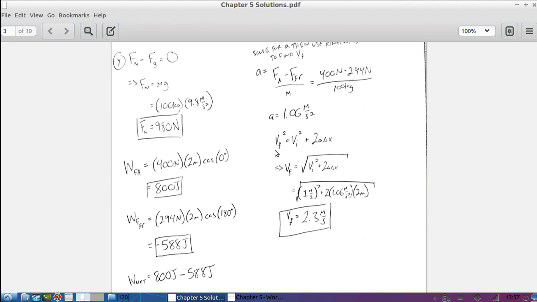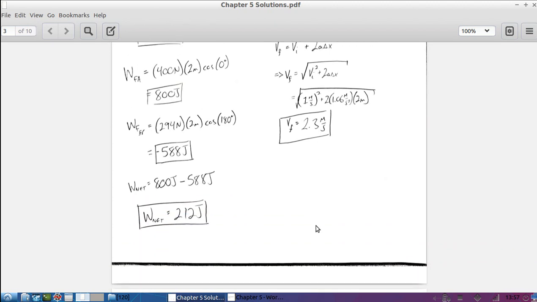I'm going to use this kinematics equation because I've got the displacement along the rough surface. I was given the initial velocity and I have the acceleration. Take the square root of both sides, plug my values in, and I get a final velocity of 2.3 meters per second.